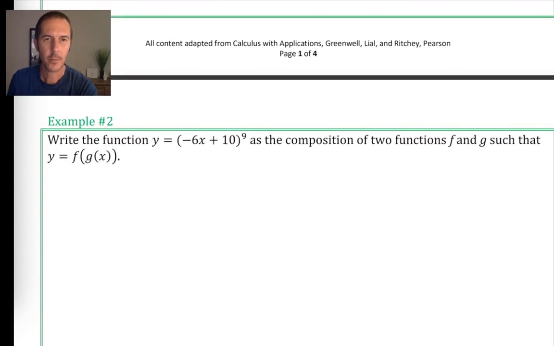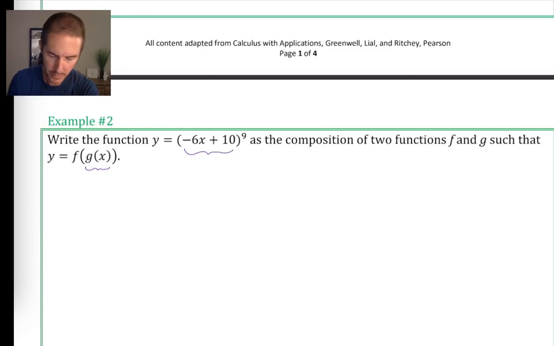The next example asks us to write this function as the composition of two functions f and g. If you'll notice here, g is sort of inside of f. And in this y equals example, -6x plus 10 is inside this process of raising something to the 9th power.